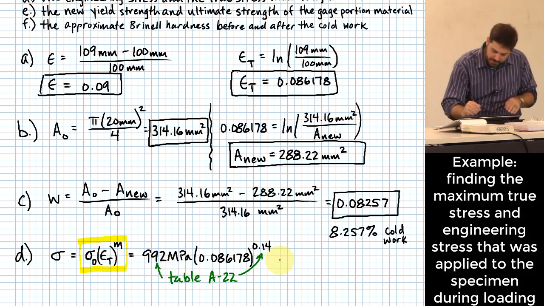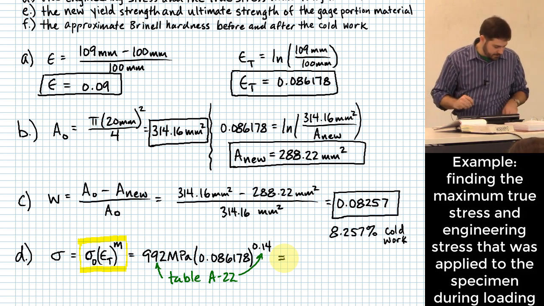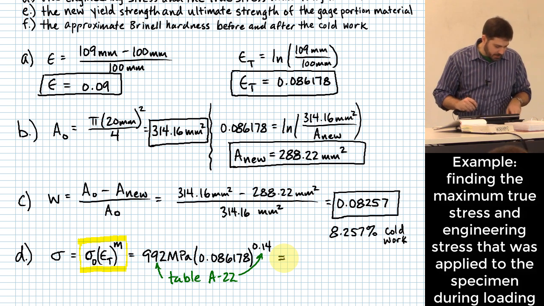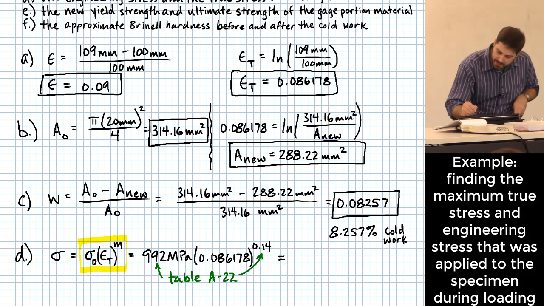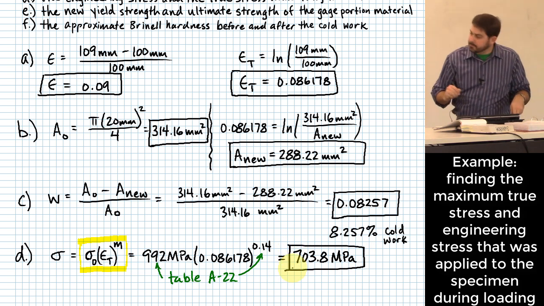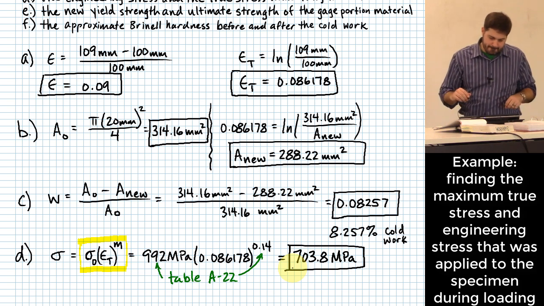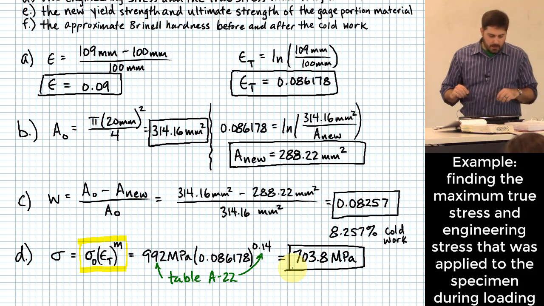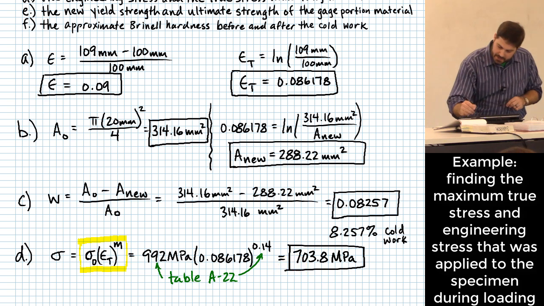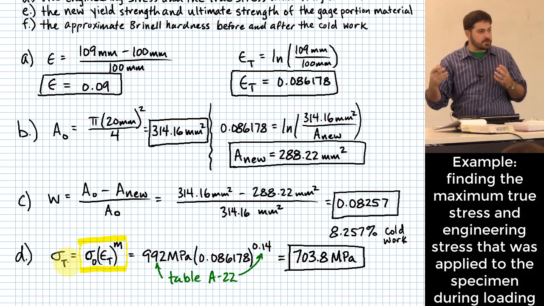So when I plug these in, what this gives me is 703.8 MPa. This is a true stress, because that's what that curve is giving you, true stress and true strain.